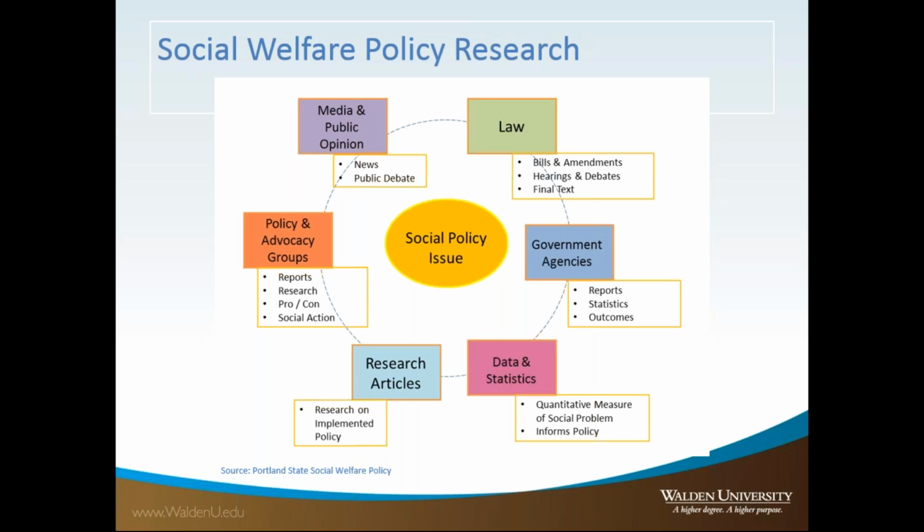It's informed by government agencies, government reports, and statistics, also by policy and advocacy groups, also known as think tanks, who write reports on policy, and also by the media, public opinion, newspapers, and public debates. All of these things involve a complex circle in social policy research.